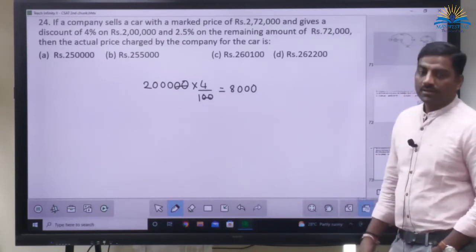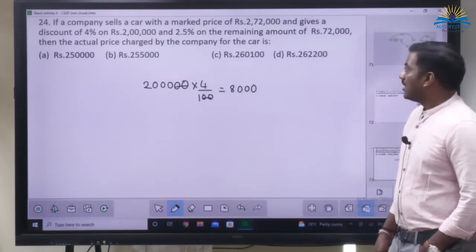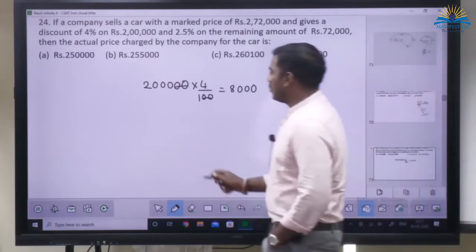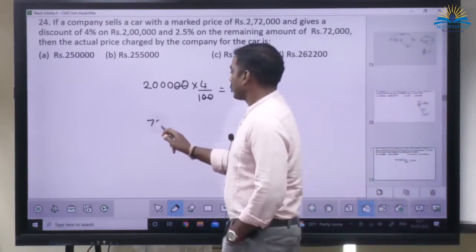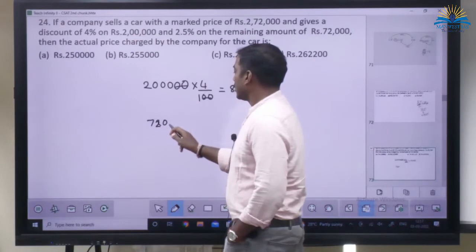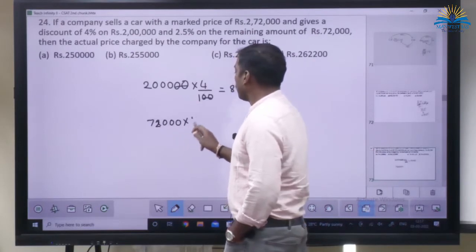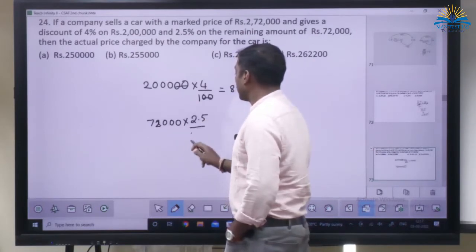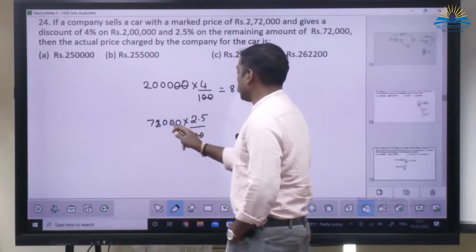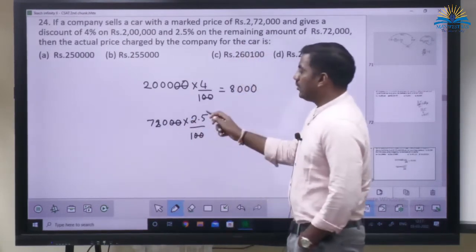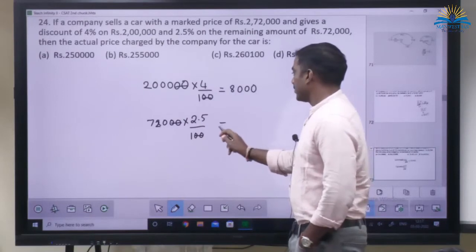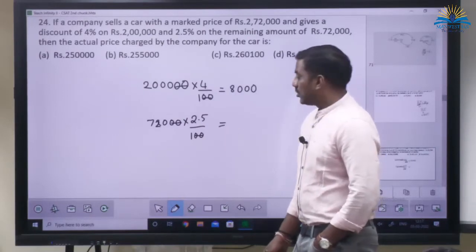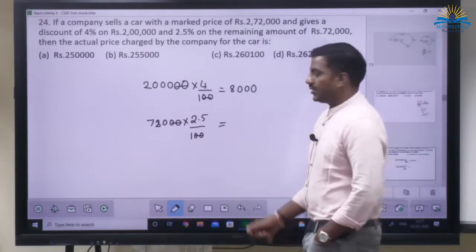Then on another 72,000, how much is the discount? 2.5. The zeros cancel. 720 into 2.5. That means 72 into 25, that is 1,800.